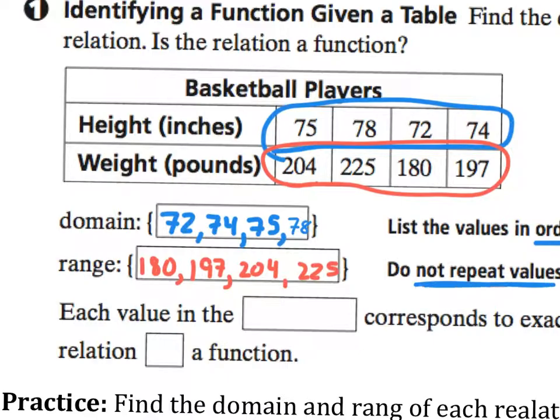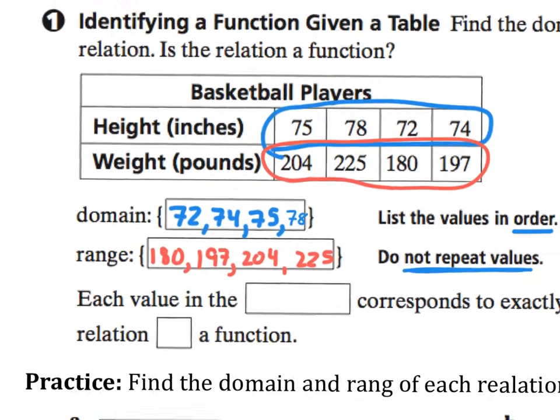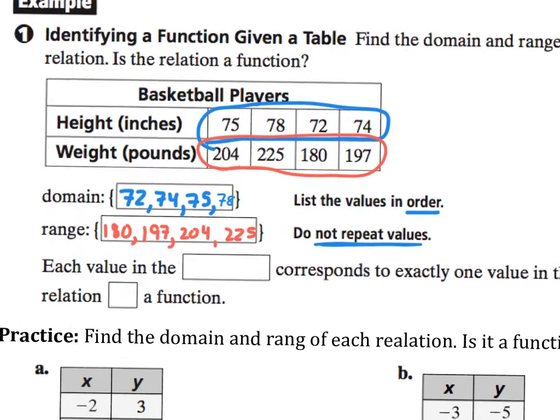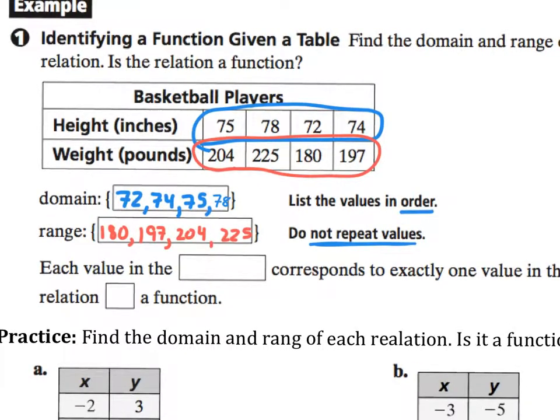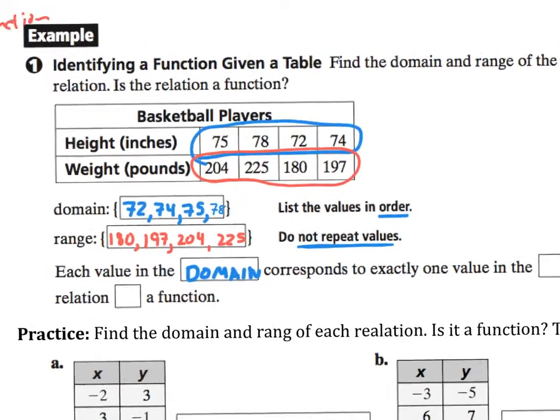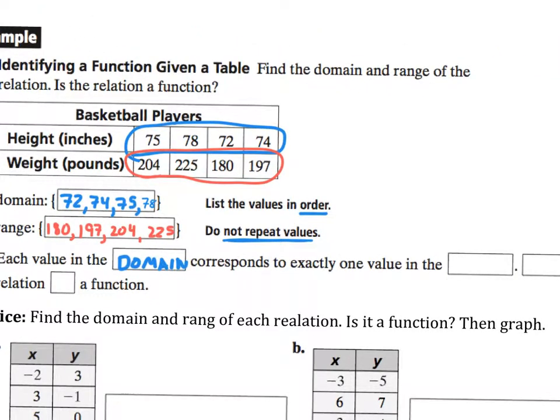There's nothing to repeat, but in the next examples, we're going to see that we aren't going to repeat. Okay, so notice here, why is this a function? So each value in the domain corresponds to exactly one value in the range.